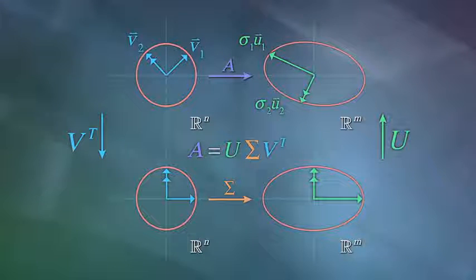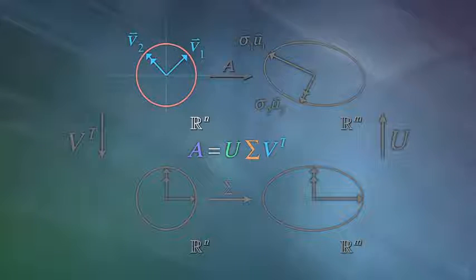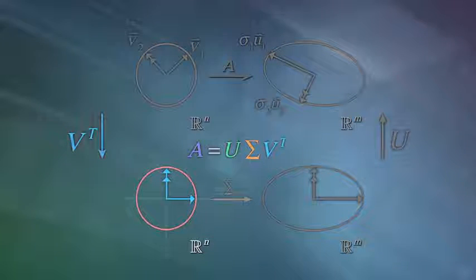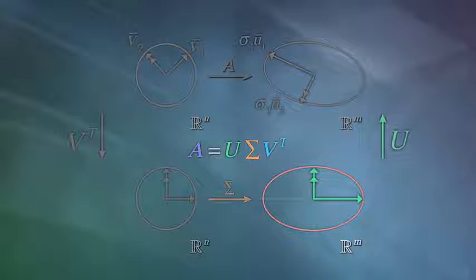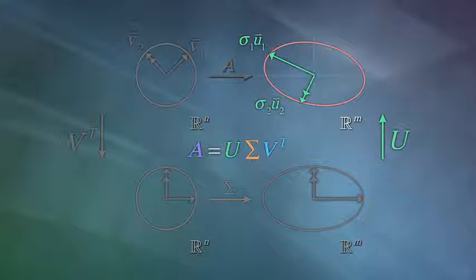First, multiplying the vector by V transpose on the left, then by sigma on the left, and then by U on the left. We'll indicate that in our diagram by an alternate path that goes from the first picture down to another picture, then across to another picture, and then up to the final picture.